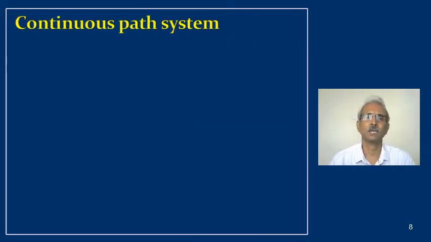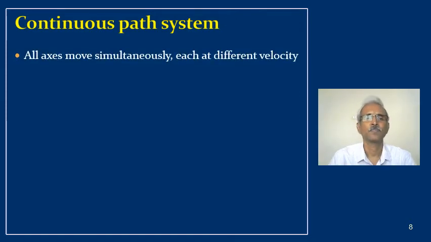Next is the continuous path system. Here also you have the starting point and the ending point, but the path is continuous, or continuously monitored. So that is the continuous path system. All axes move simultaneously, each at a different velocity.